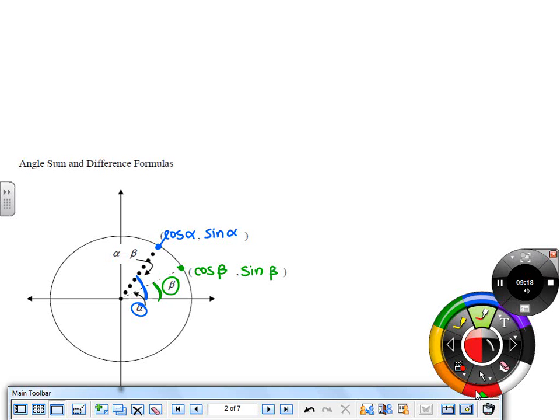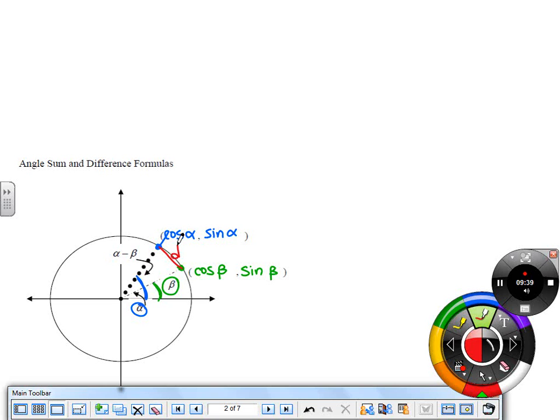Now, I'm going to measure a segment from here to here and calculate how far apart those points are. My purpose in doing that is that this distance that I'm trying to calculate, I don't want it to be about angle alpha or about angle beta.